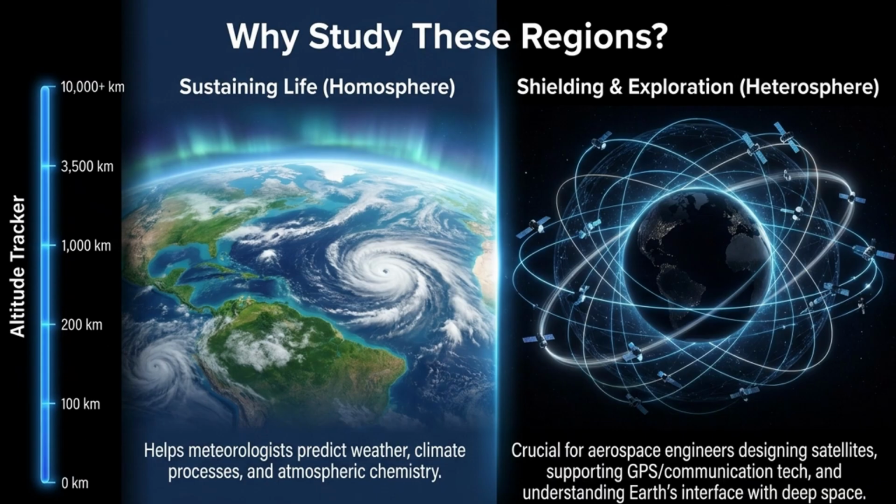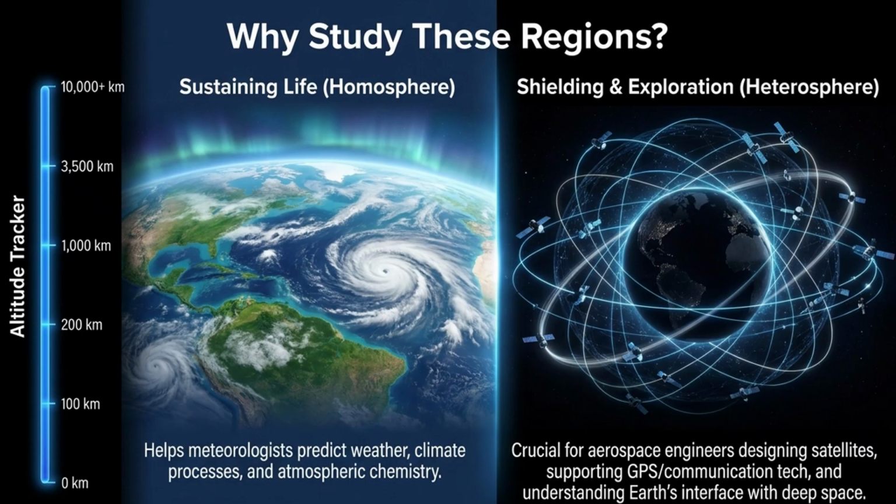So, from the relatively heavy nitrogen near the bottom to the lightest hydrogen at the top, the heterosphere shows a clear separation of gases according to their molecular mass. Now let's understand why studying the homosphere and heterosphere is important.